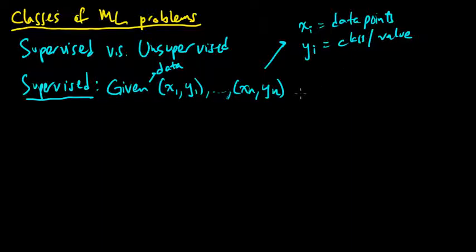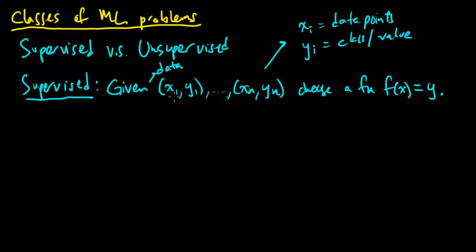Given this data, the task is to find, or choose, some function f, which I won't define formally, that takes a data point x, maybe a new data point, and gives you a y for that.